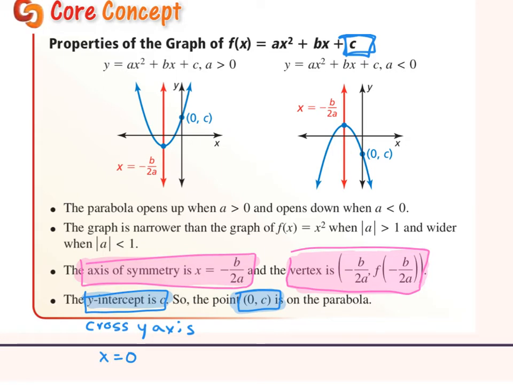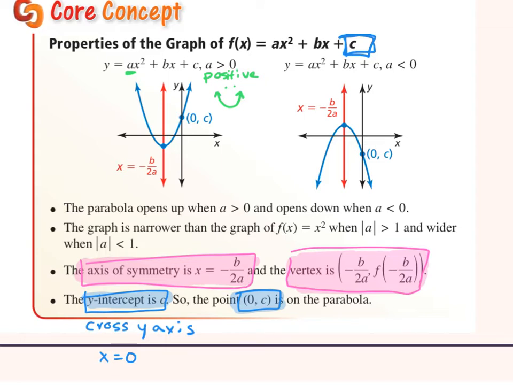One last thing to note here, when our leading coefficient, so the coefficient in front of our x squared, is a positive number, so when a is greater than 0, our parabola is going to open up, so it'll look like a smiley face.